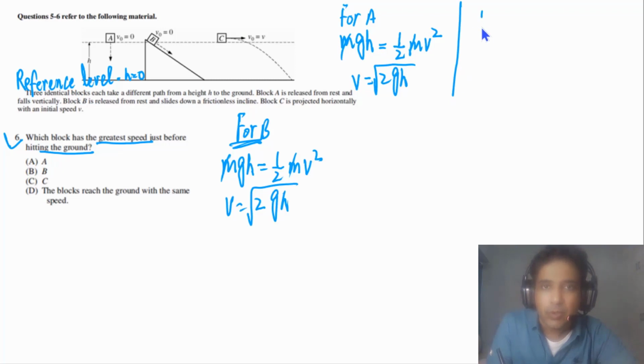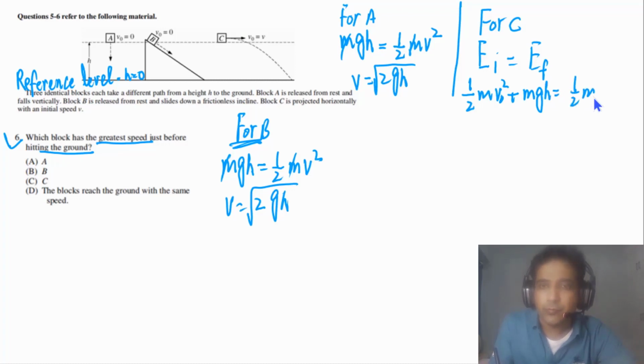Now for block C, the initial mechanical energy has to be equal to the final mechanical energy. Initial mechanical energy has initial kinetic energy, 1/2 m v naught square, plus the initial GPE. This has to be equal to the final kinetic energy, because final GPE is equal to 0, so I'm not writing 0 here. Again we can cancel m with m.